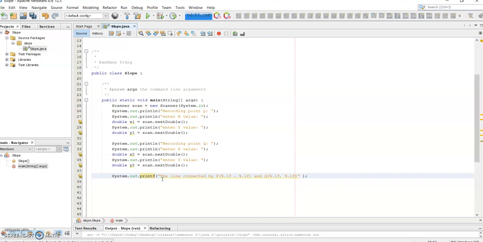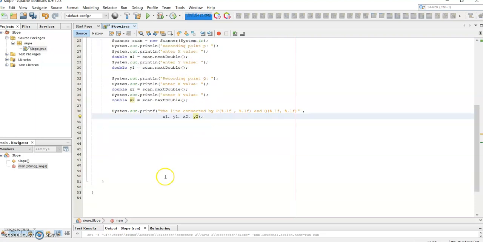Okay, that's it. And x1, y1, x2, and y2. Yeah, that's it. Okay, this is how we display in the printf method. So each value goes to each placeholder here.